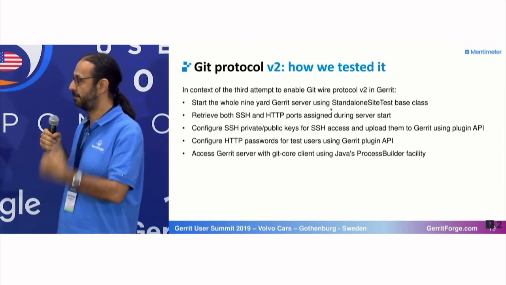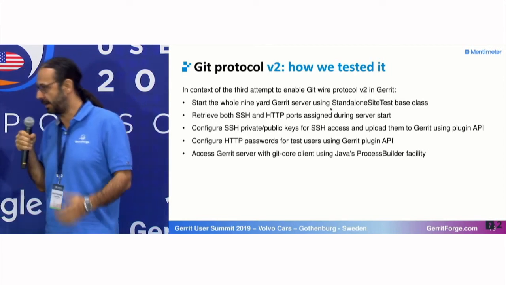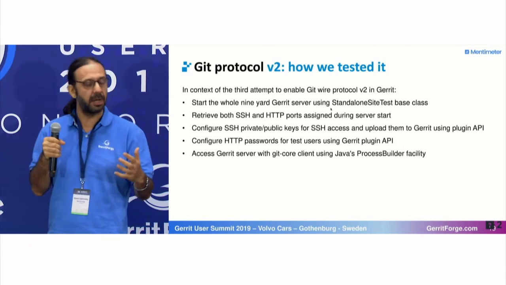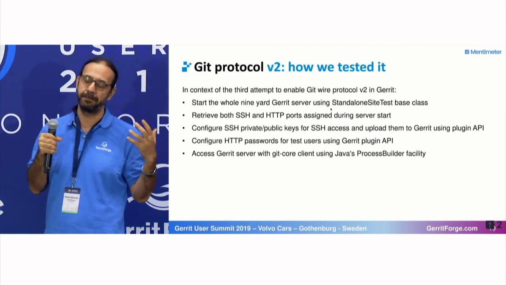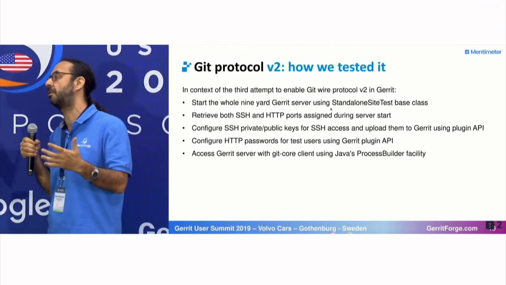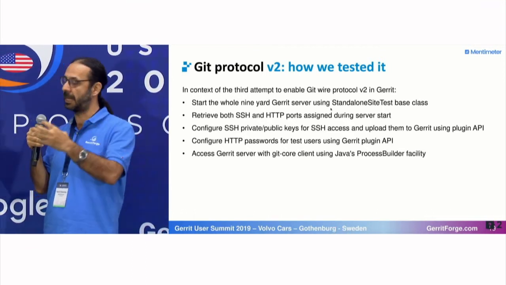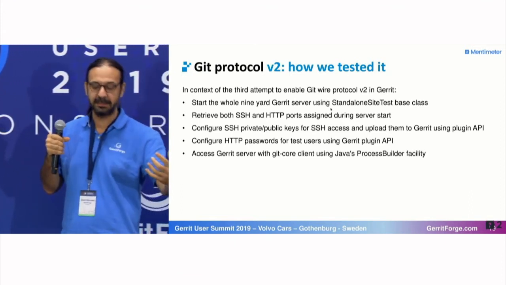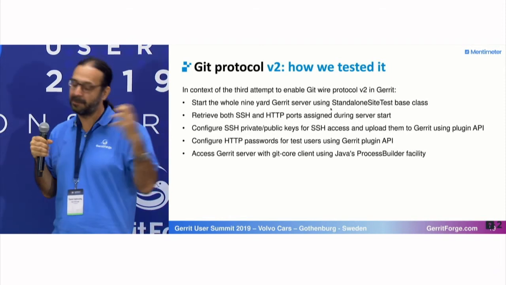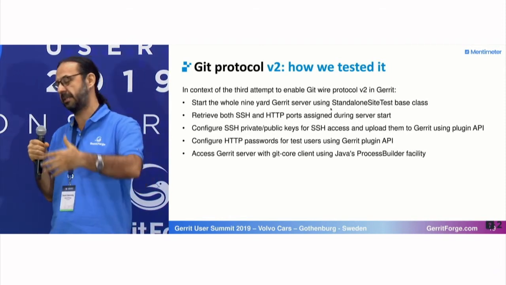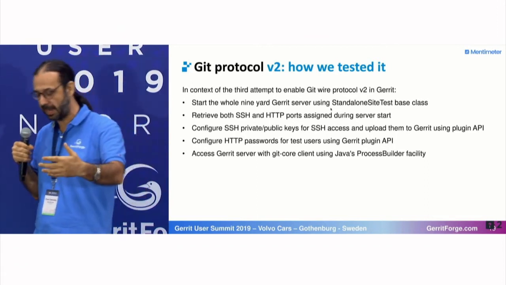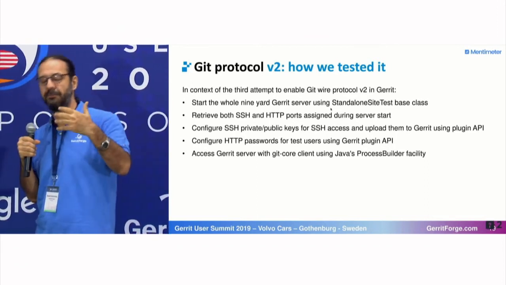We start a Gerrit instance, and we configure HTTP and SSH on the server side, and we use the plugin API to add a public key and set the passwords. And now, with the Gerrit full setup, we spawn a Git client, the Git core command, and we request the refs, the protected refs that the server must not send. And we also check that actually the Git v2 protocol is used.